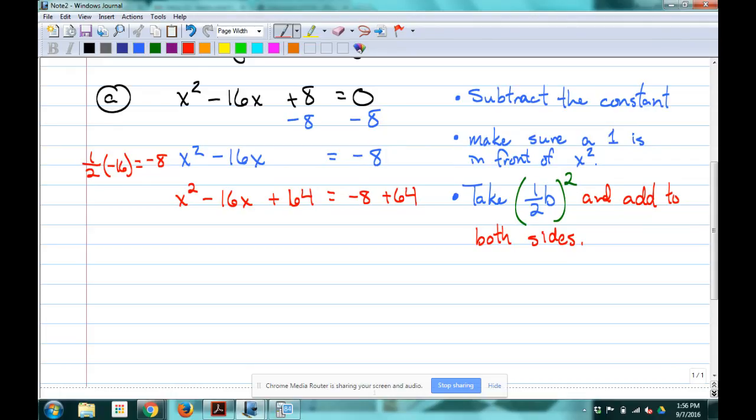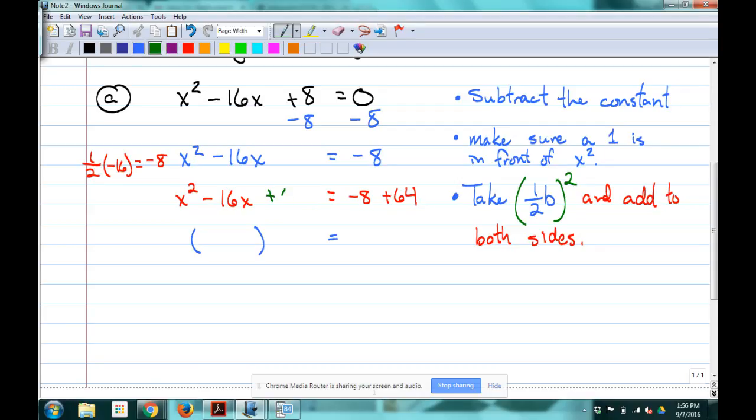Now, what that does is it makes things work out really nice. On the left-hand side, what you've done is you've created a perfect square trinomial that always factors the same way. When you take half of it, do you still leave it as negative 16? Yeah, we're still going to leave it right there. This plus 64, maybe I'm going to put that in a different color.